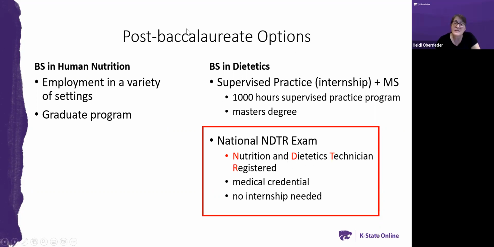You pass our BS in Dietetics, and because we are an ASCEND accredited program, you immediately can take the NDTR exam and you'll have that medical credential and you can work in the field of dietetics. Or you can go on and do your supervised practice, earn that master's degree and earn that RDN credential. So you really have two post-baccalaureate options through the BS in Dietetics.